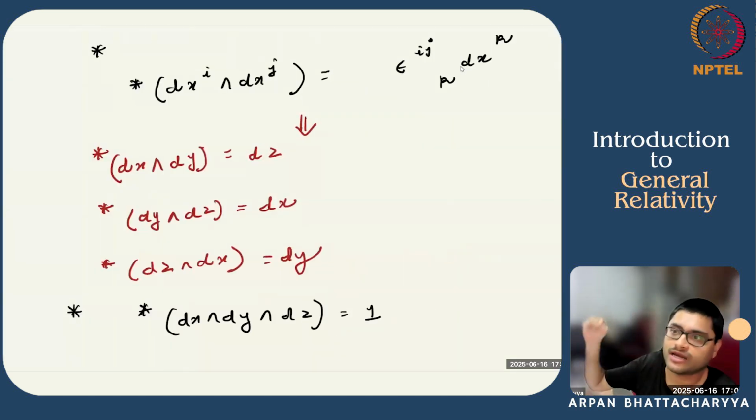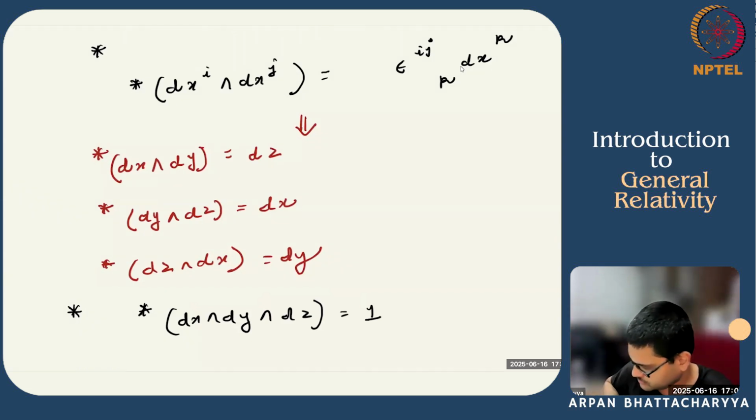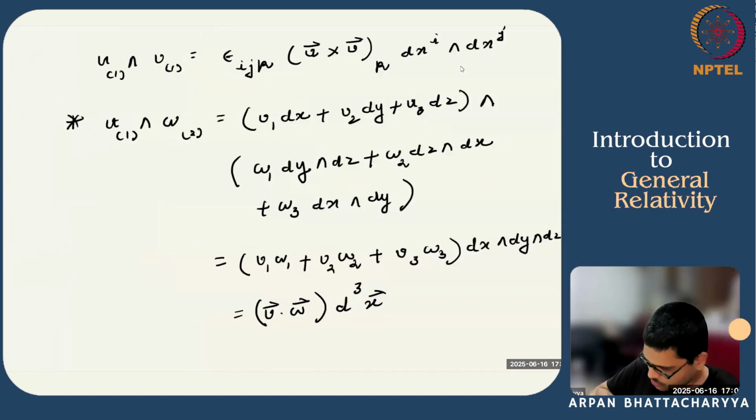Remember, we discussed the star of a form in the class. You can use that same formula. Now we can use this and take the star of both sides. If you take the star of both sides, then what should we get? Let's do that. We will also take the star of this one and see what we should get.